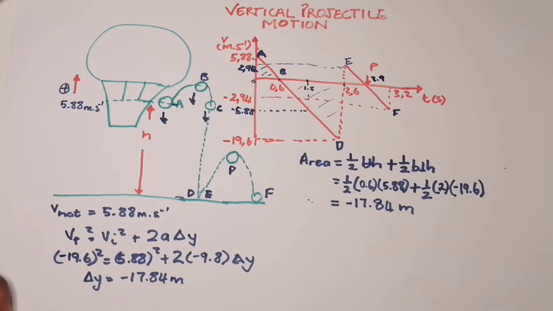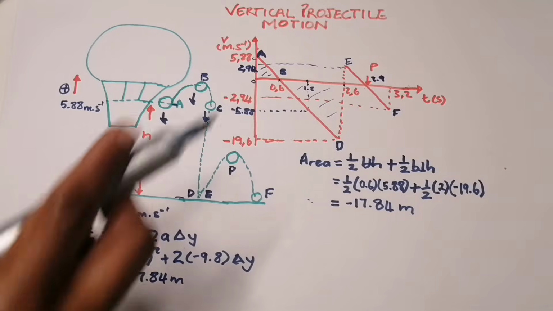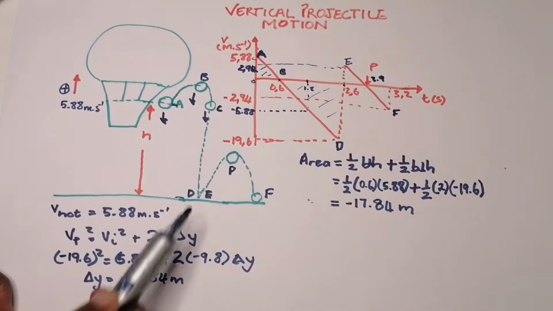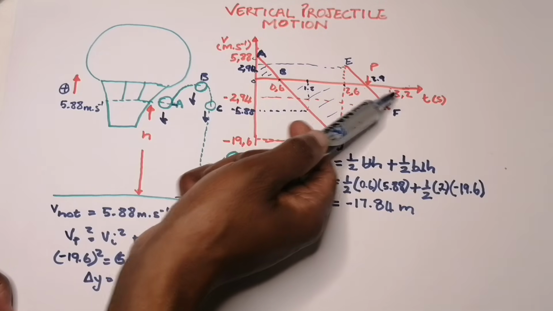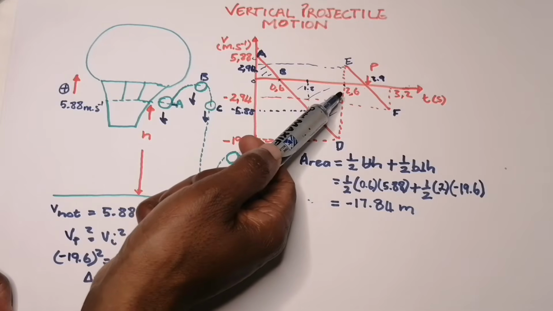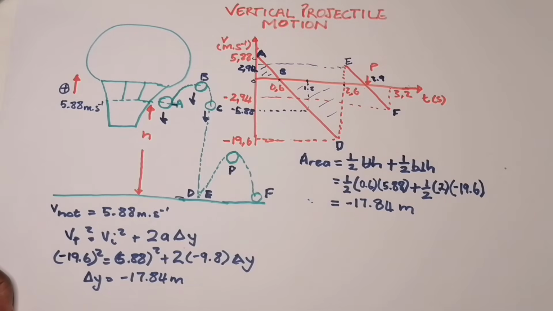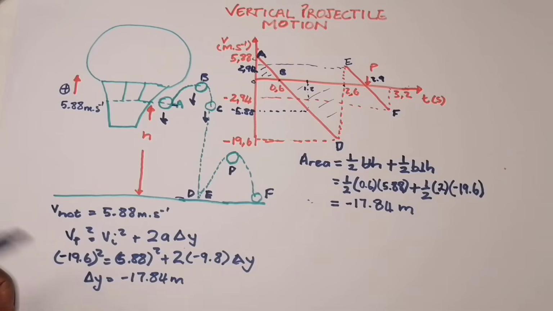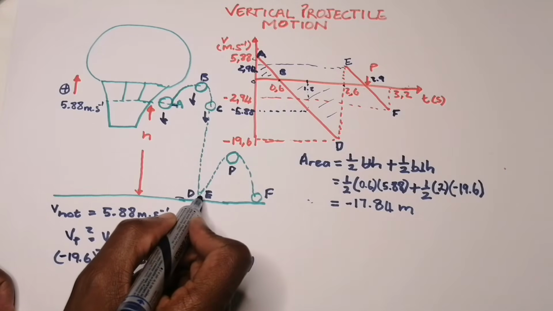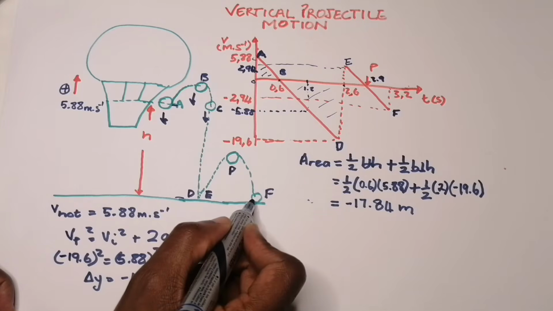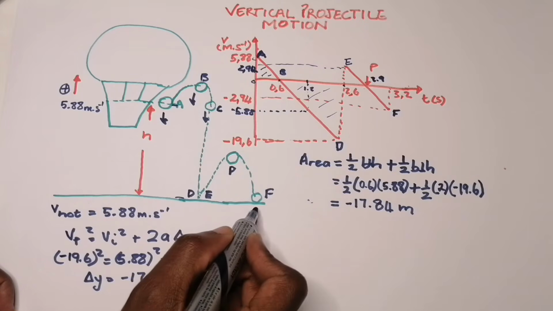Another way that you could have considered it is that the total time between those 2 points would be the difference, which is 3.2 minus 2.6, which would give you 0.6. So it means that for it to come back after the bounce until it comes back to the ground, it took 0.6 seconds.